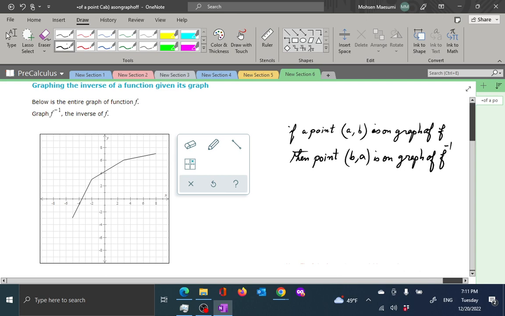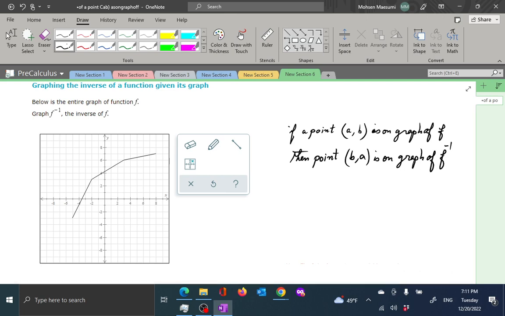So let's take that and run with it and do the graphing. Then I'll come back and explain this, which we have explained once before when we talked about the inverse function.